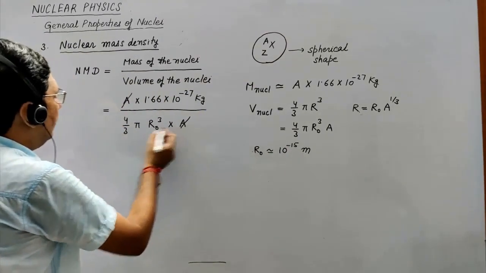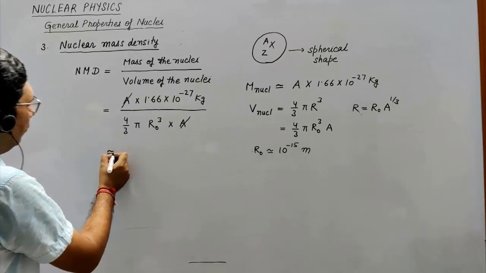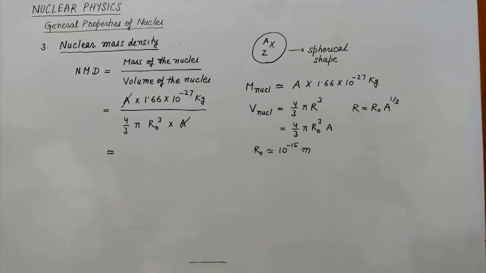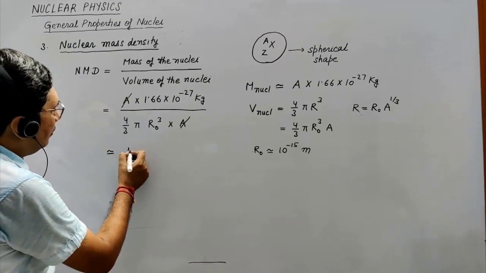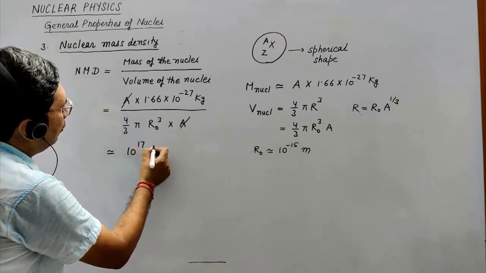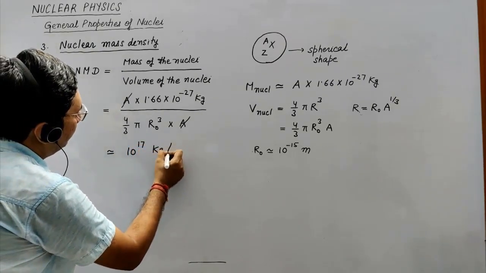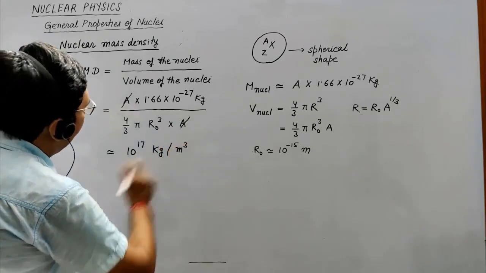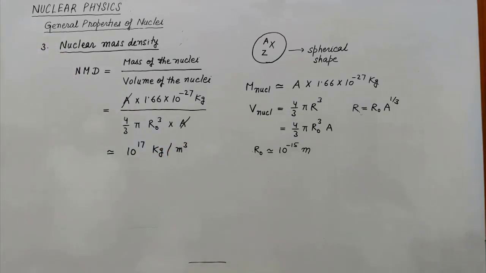Substitute this value here, and you will find that this nuclear mass density is nearly equal to 10 to the power 17 kilogram per meter cube. This is the nuclear mass density.